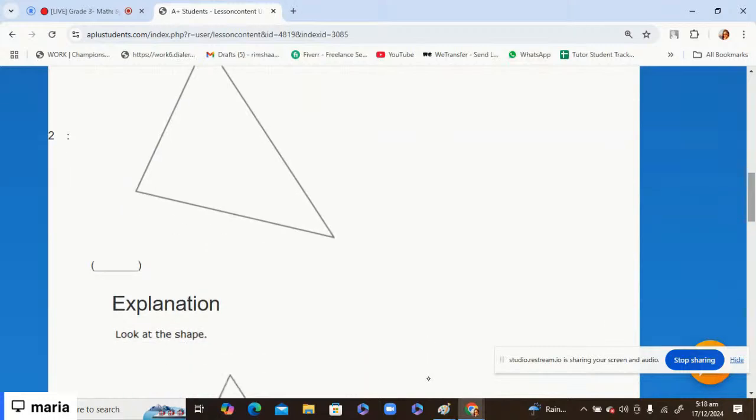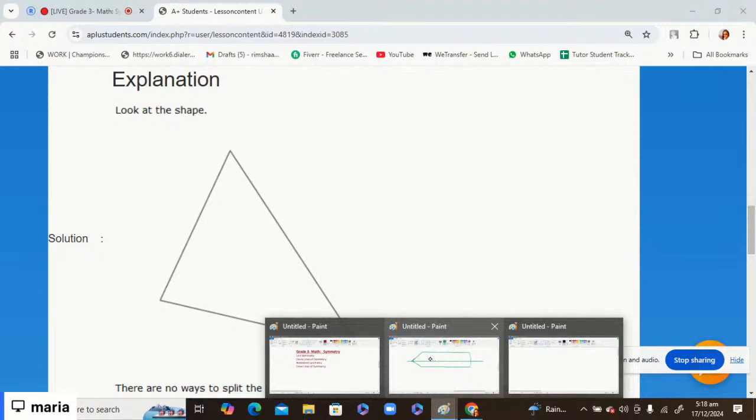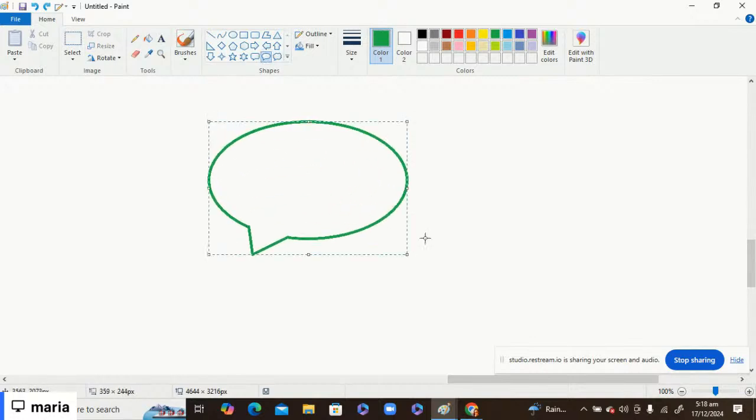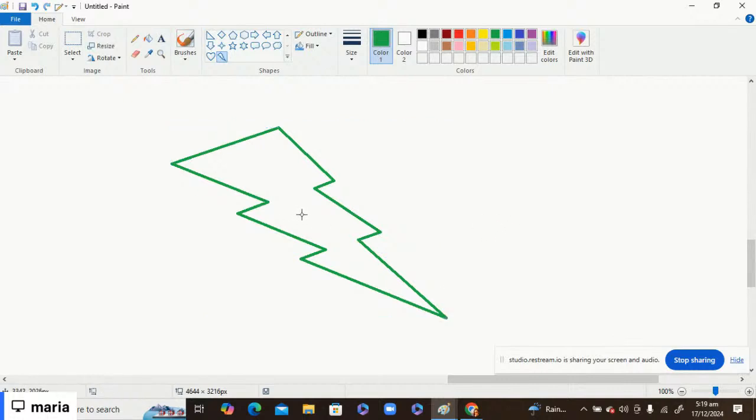Now look here, this shape. Is there any line of symmetry in this shape? No. Look, these are somehow different shapes. For example, if you have this shape, is there any line? Oh yeah, it has a line of symmetry. Let's suppose we draw something like this one. Does this shape have any line of symmetry?